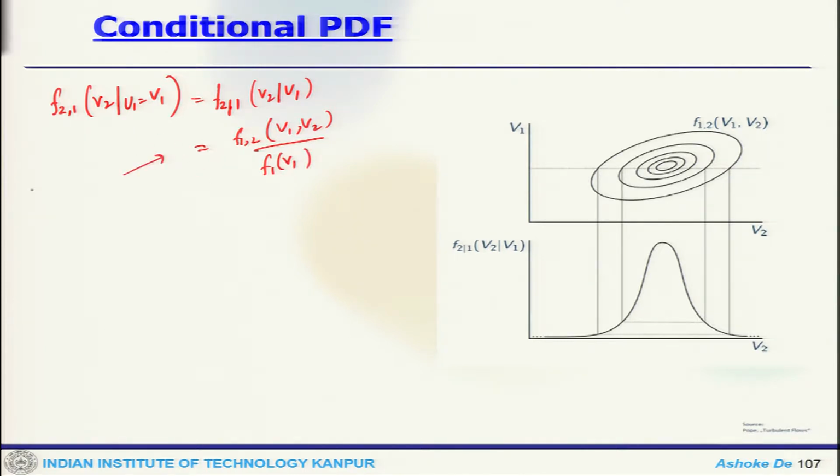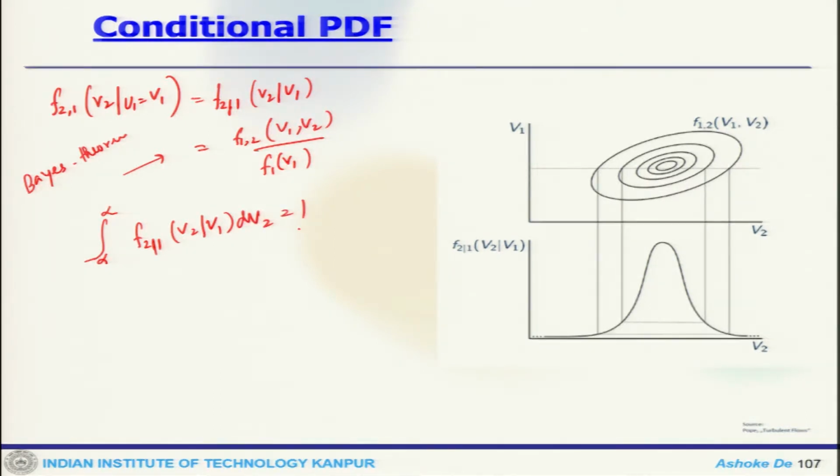You get this from Bayes theorem. The joint PDF f12 is scaled so that it satisfies the normalization condition: the integral from minus infinity to plus infinity of f21(V2|V1) dV2 is 1.